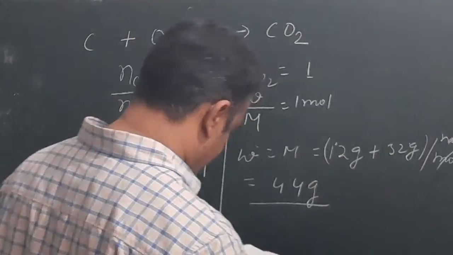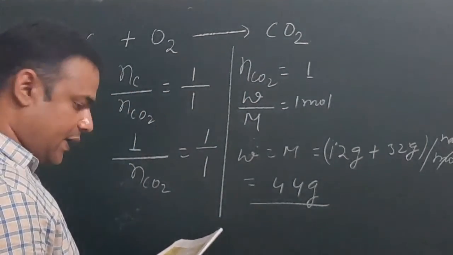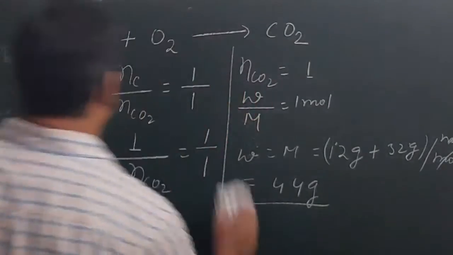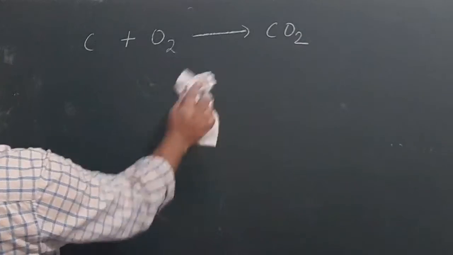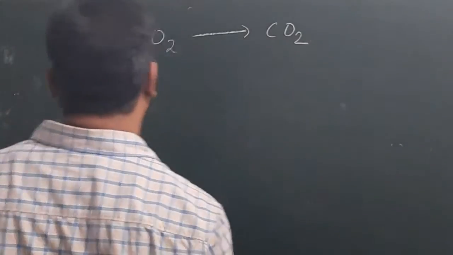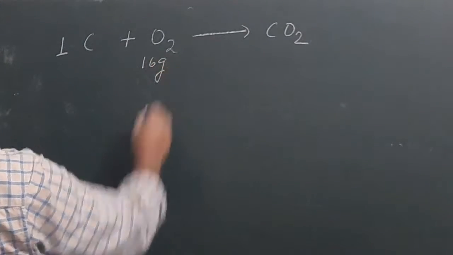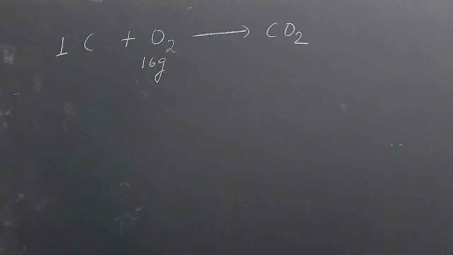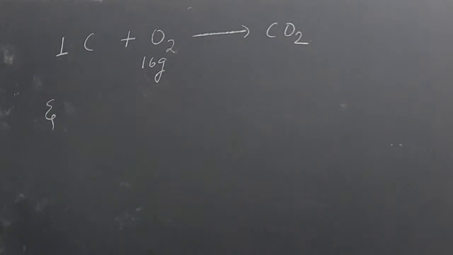Next question is, 1 mole of carbon is burnt in 16 gram of dioxygen. We have this 1 mole and this 16 gram, and carbon dioxide is produced. So now we will see the extent of reaction. Here we will apply the concept of limiting reagent.